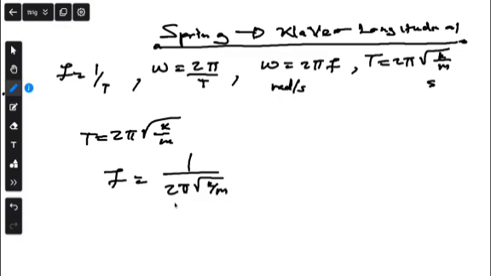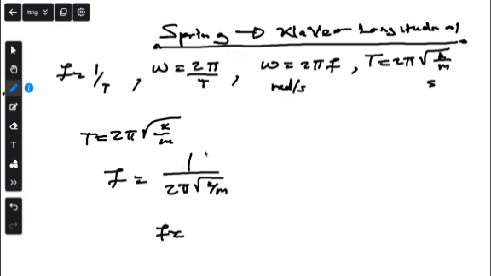So how can we go about this one here? Alright, so for this one, it can be written as frequency, which is going to be equal to, we know that this is 1, isn't it?